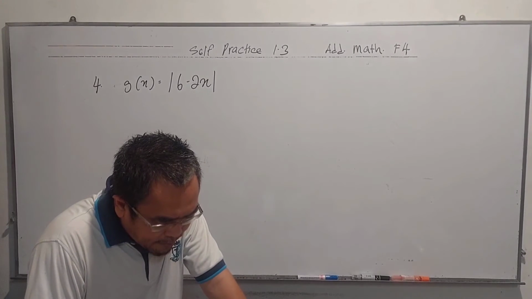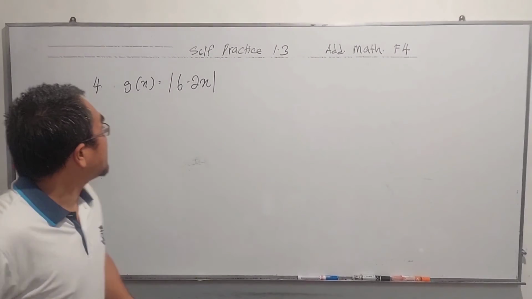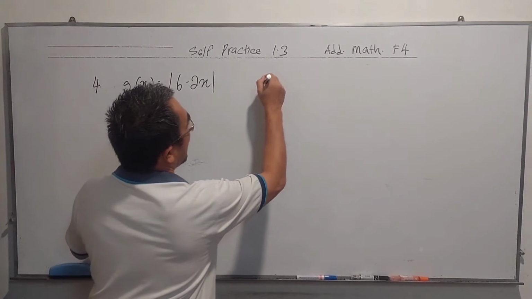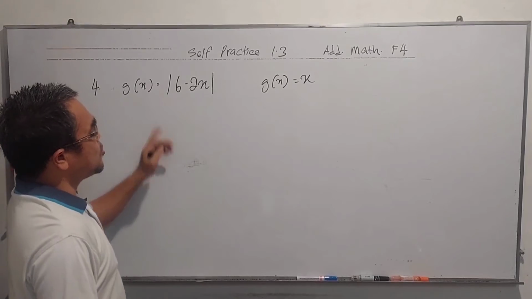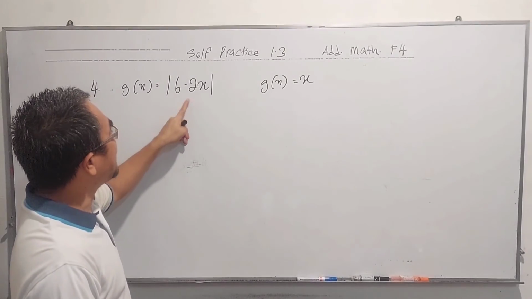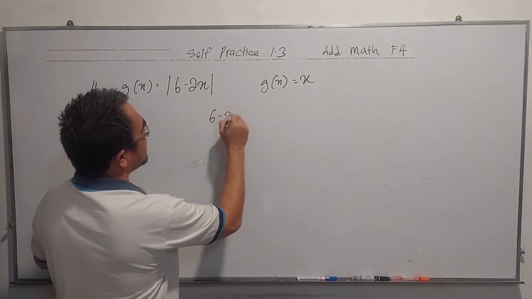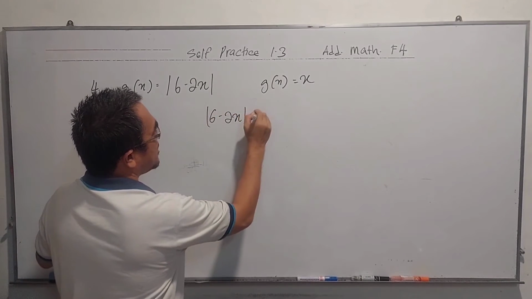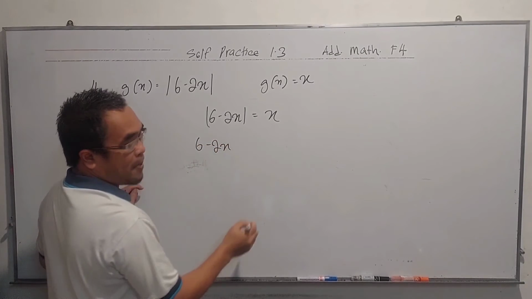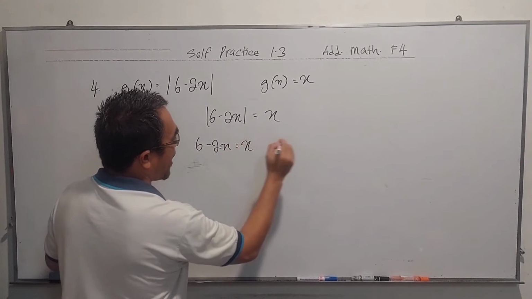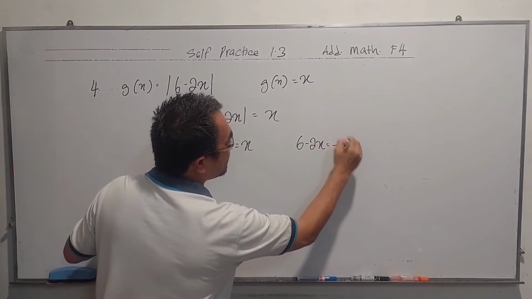Okay, find the values of x if gx equals x. So if gx equals x, we do not have to replace anything here, just equals to x. So you have to say 6 minus 2x equals x, and then take one by one. The other one is gx equals -x, so you say 6 minus 2x equals -x.